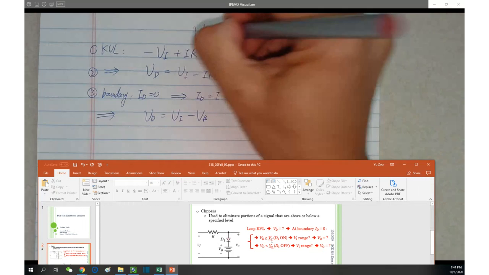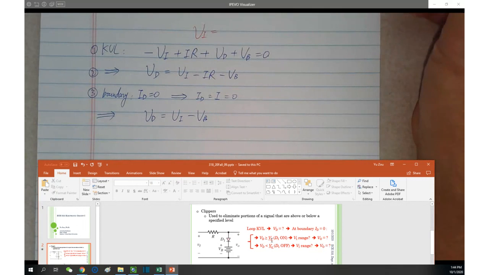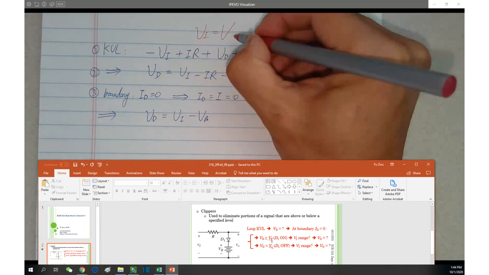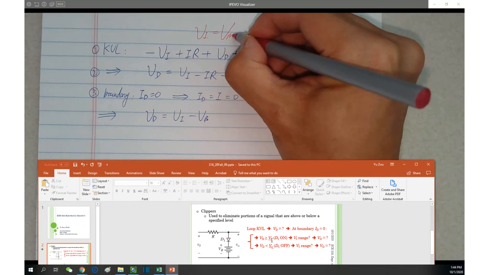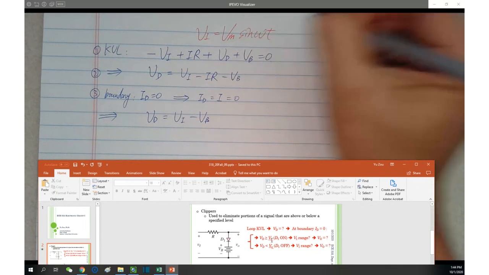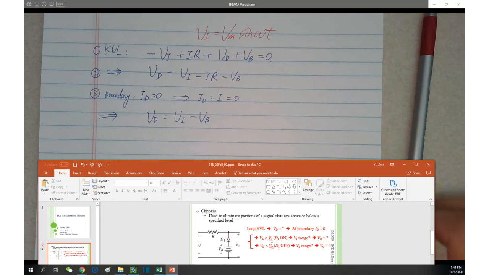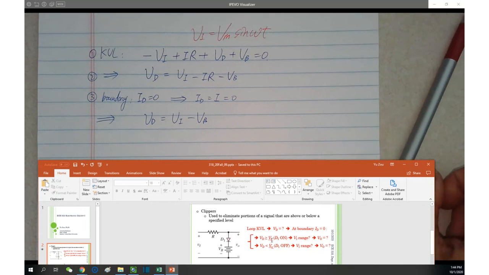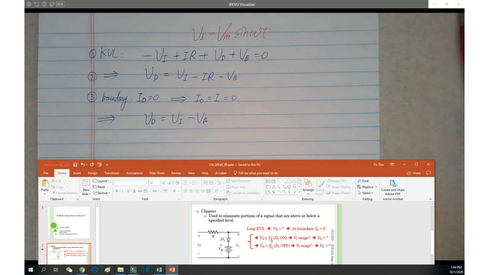VI, as we said, is a large AC signal, so it equals magnitude VM sine omega t. A perfect sinusoid, and a large signal. VM is big enough that it can exceed V gamma as well as VB. This is VD.